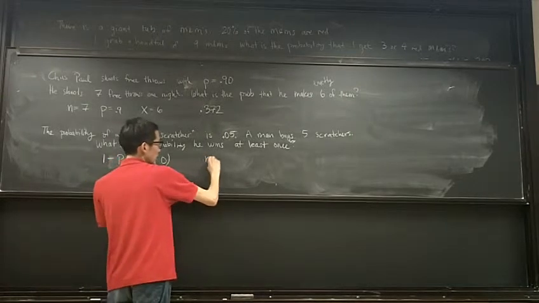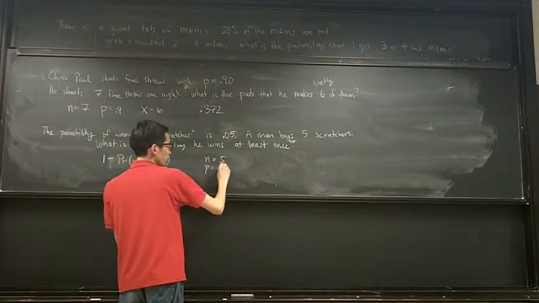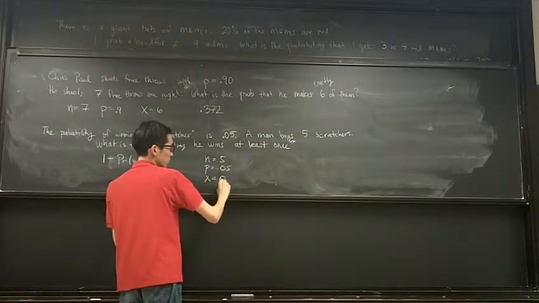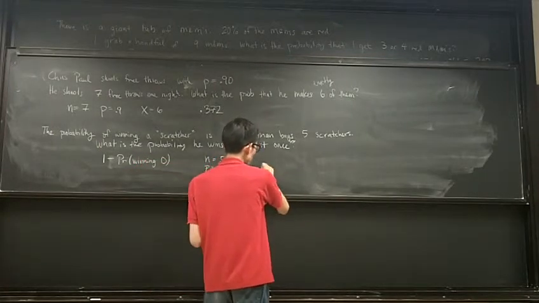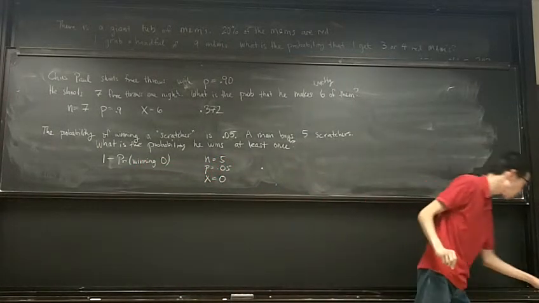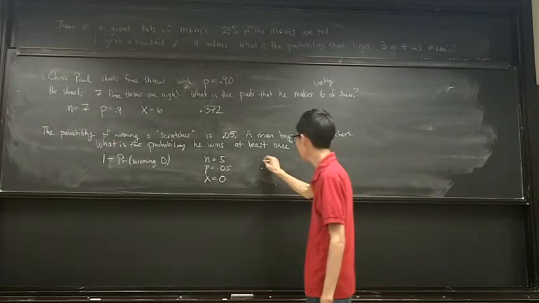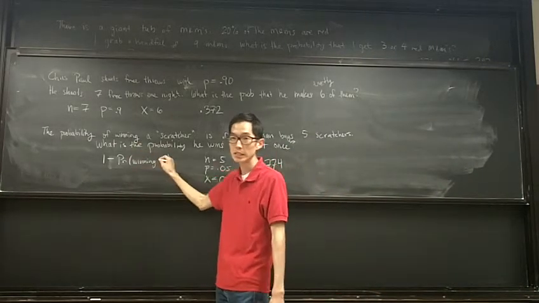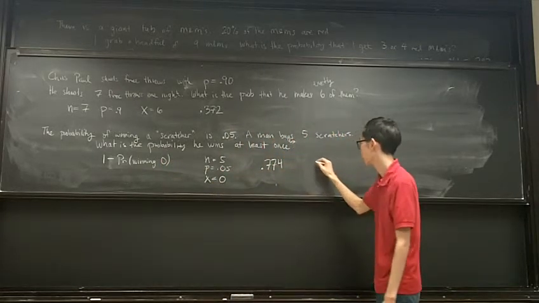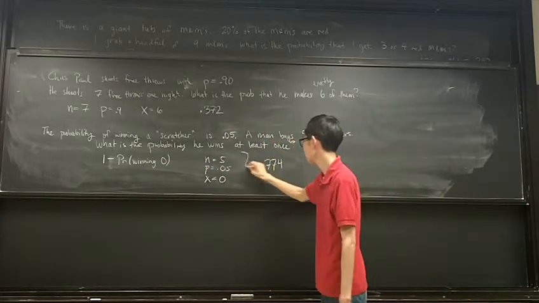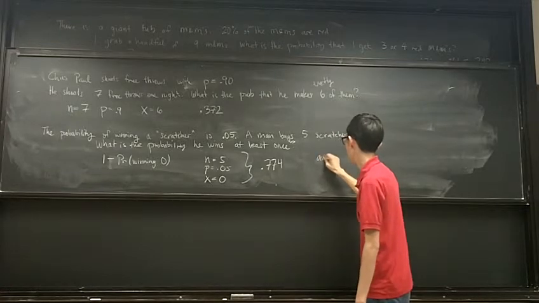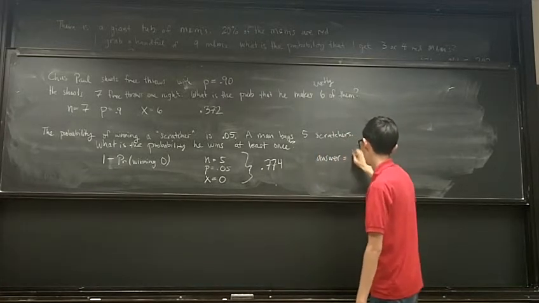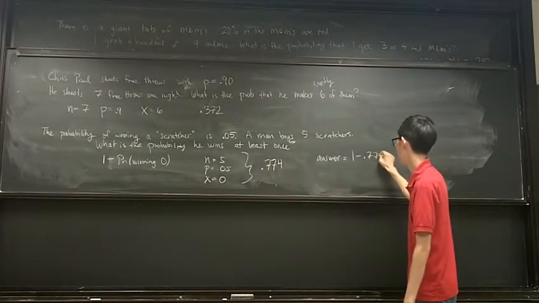So in this case, your n is 5, your p is 0.05, and your x is 0, which gives you a probability of 0.774. But that's not the answer. Our answer is equal to 1 minus 0.774.